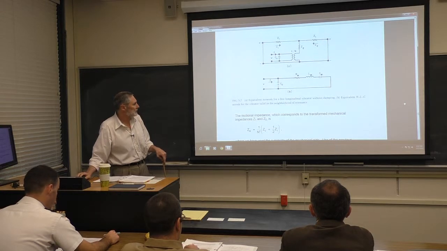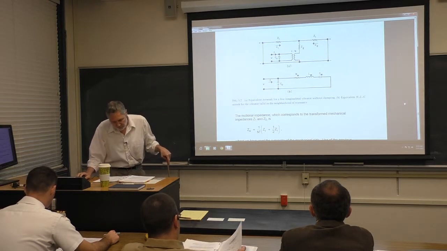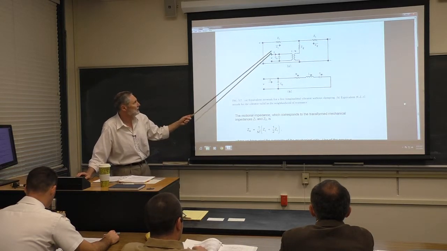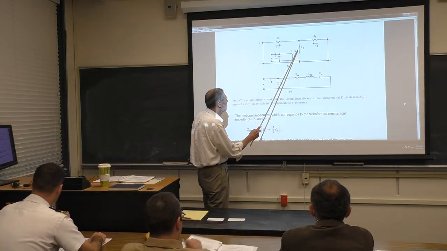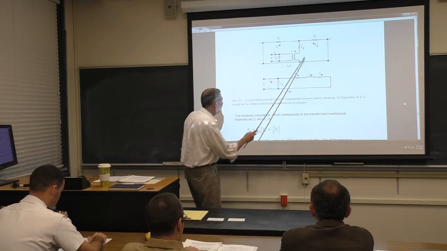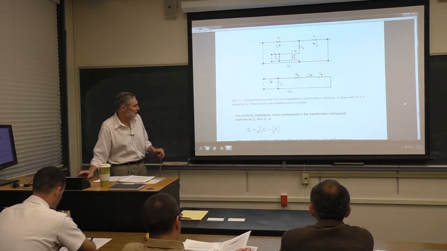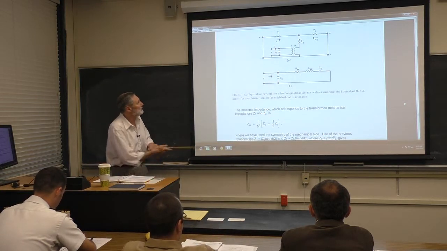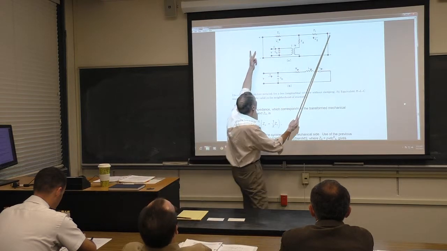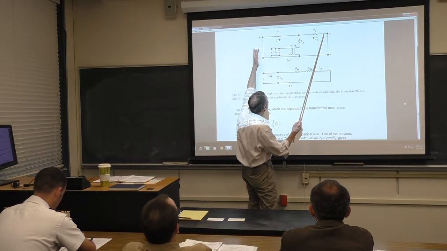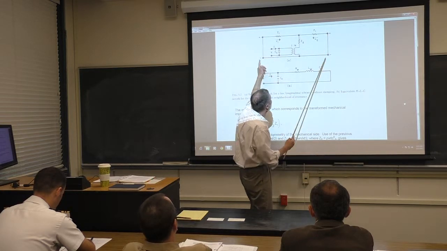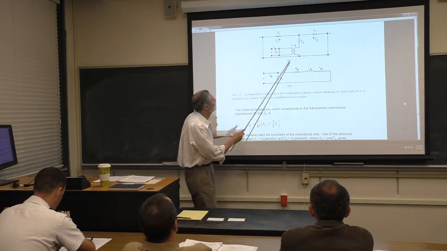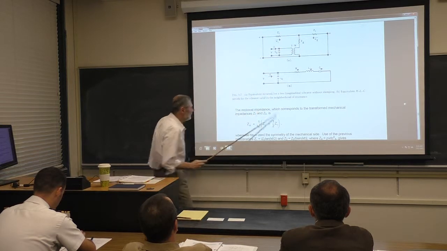So let's write down the motional impedance. We're just focusing on the mechanicals. That's all we need to do here, focus on the mechanical side. Let's write down the motional impedance of this exactly. And here it is. By symmetry, these are the same voltage, so you can connect those two terminals. You see that these are in parallel.